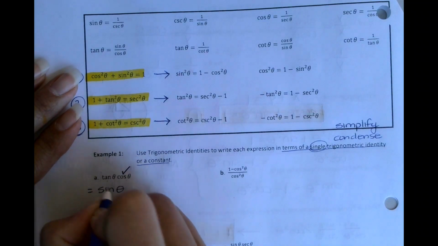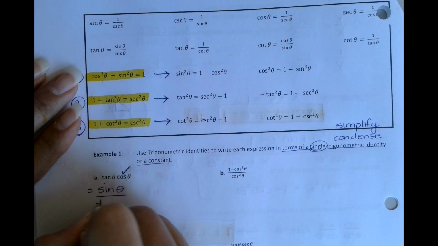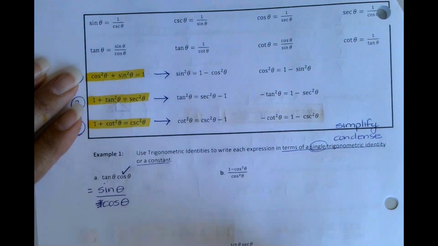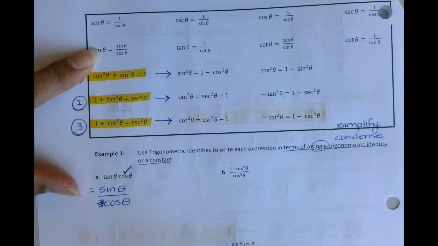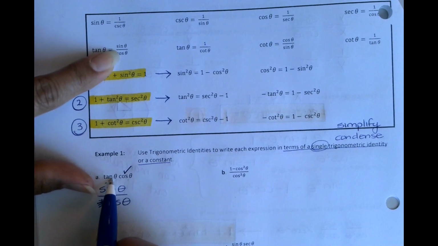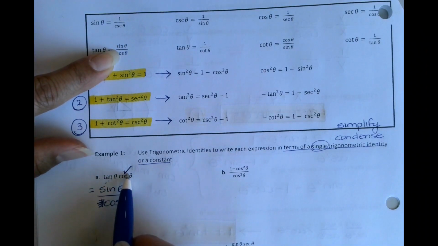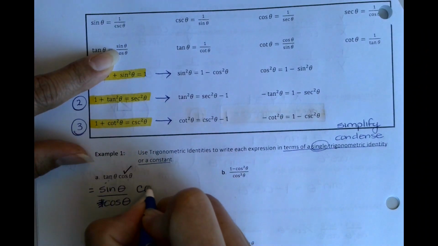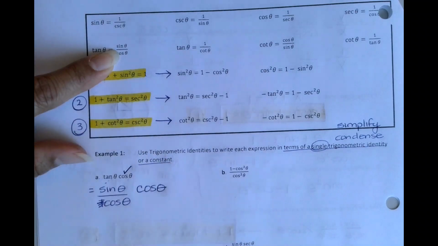So tangent is sine theta over cosine theta. So I got that from right here. So I'm replacing, substituting tangent theta with the expression sine theta over cosine theta. And this cosine theta is going to come back. I'm not going to do anything with it, okay?